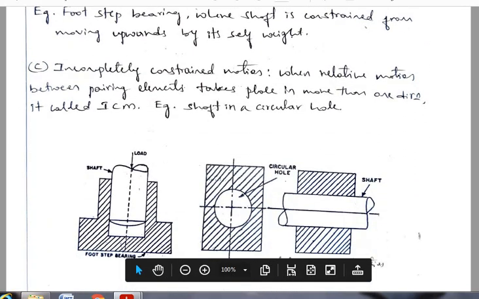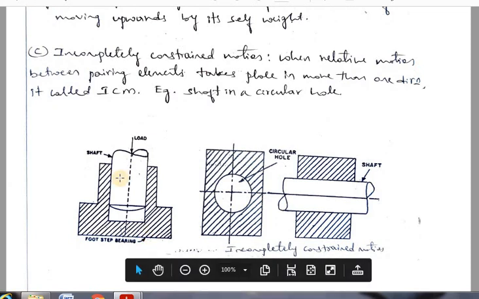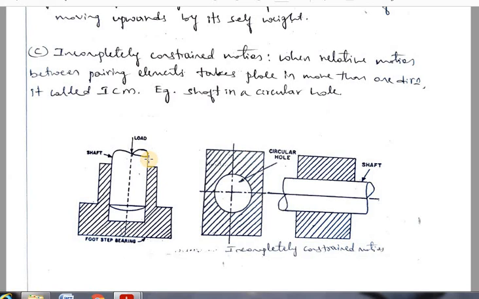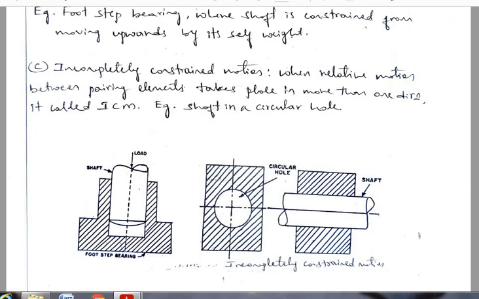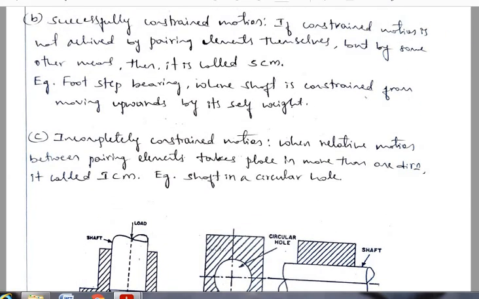You take this figure; here we have a footstep bearing. When the shaft tends to rotate in this bearing, usually the shaft would come out of the slot, but due to the self weight of the shaft, it remains in the slot and rotates there itself.